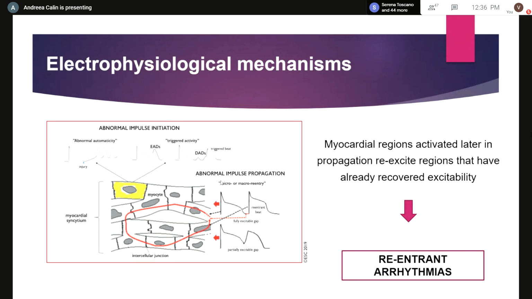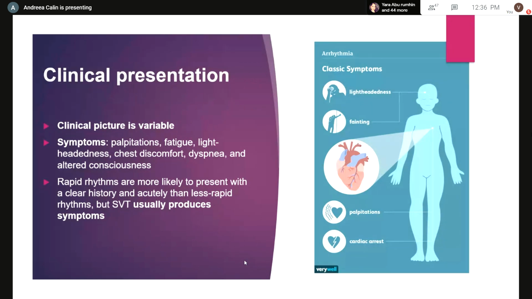There may be a micro re-entry or a macro re-entry, like we have in atrial flutter. So these are the two main different mechanisms of supraventricular tachycardias: non-reentrant and reentrant. And this is very important for the treatment, because the treatment is different in these cases.